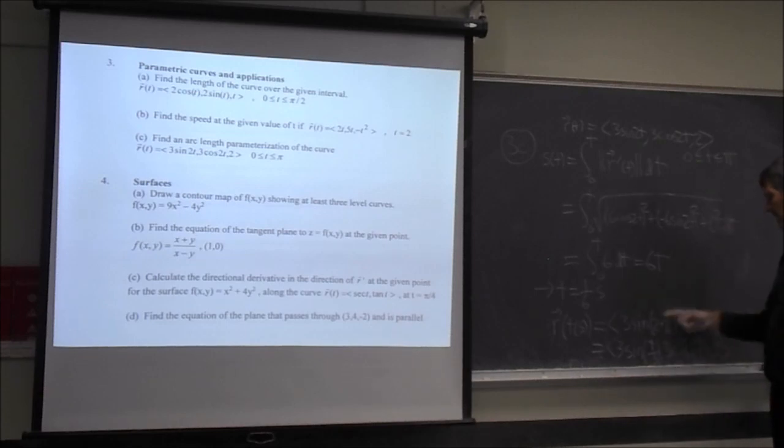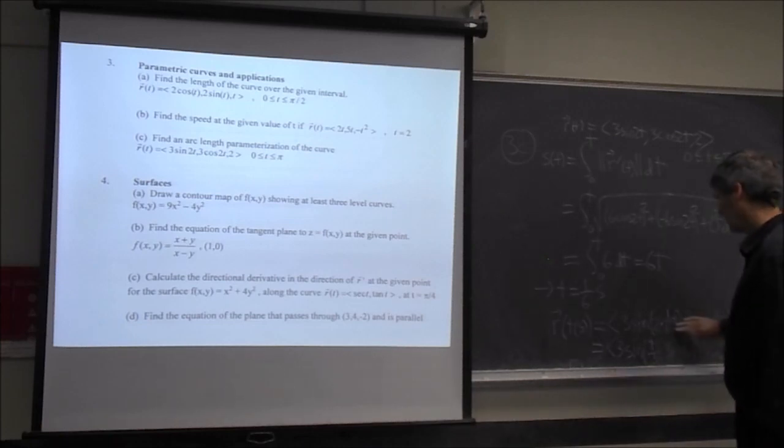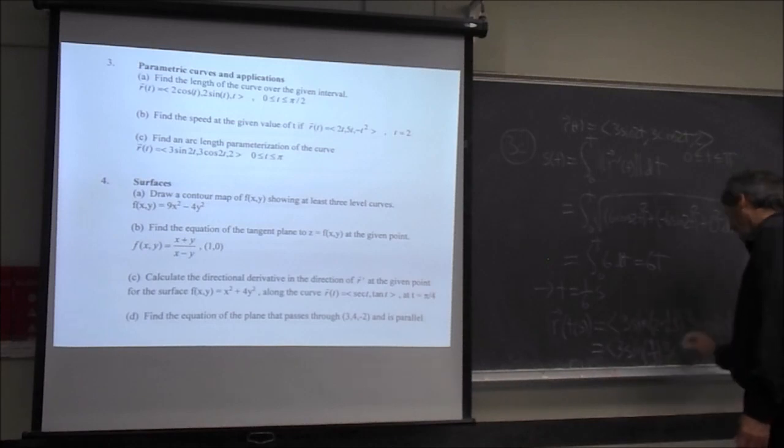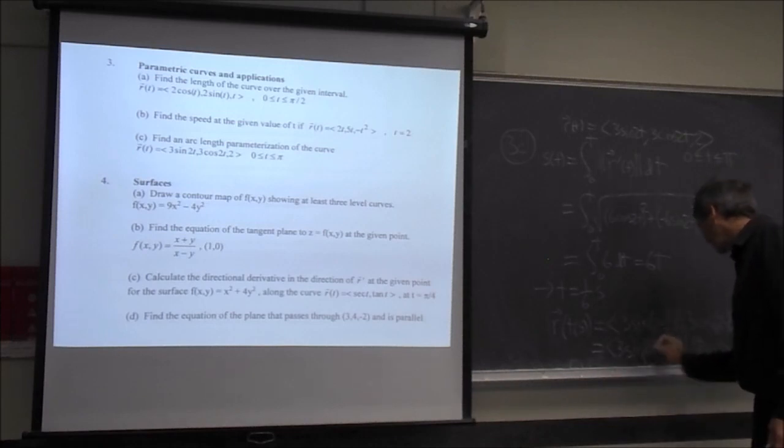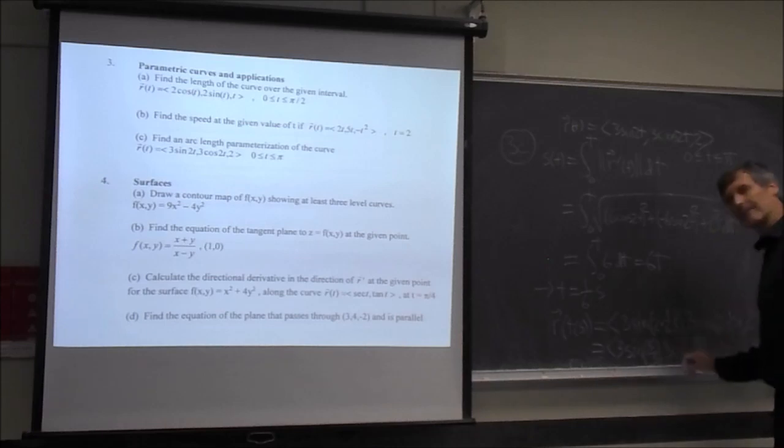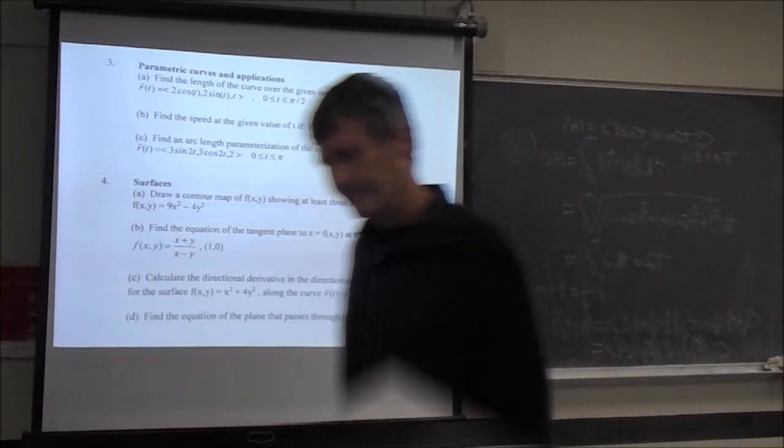So I replace t with 1/6 s in each component, and then I wind up with this vector, 3 sine s over 6, 3 cosine s over 6, 2, is the position, r written as a function of the arc length parameter, s. There it is.